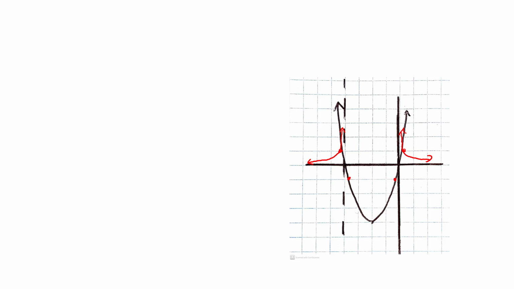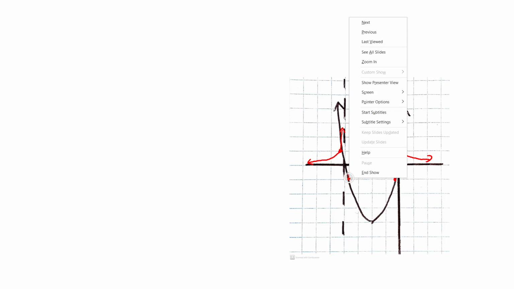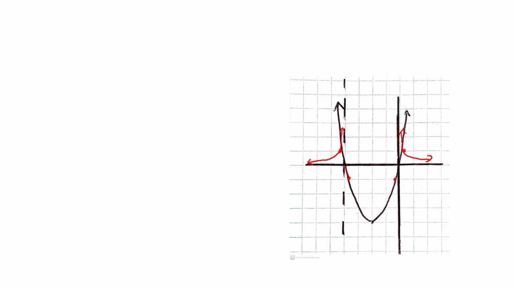So we have a vertical asymptote, and as this curve goes up to the left from the y value of 1 up to the x-axis, the 1 over f of x curve is going to go down to the left. And so we're going to be tracing along our x-axis, using that vertical asymptote as a guide. Same thing's going to happen on the other side.